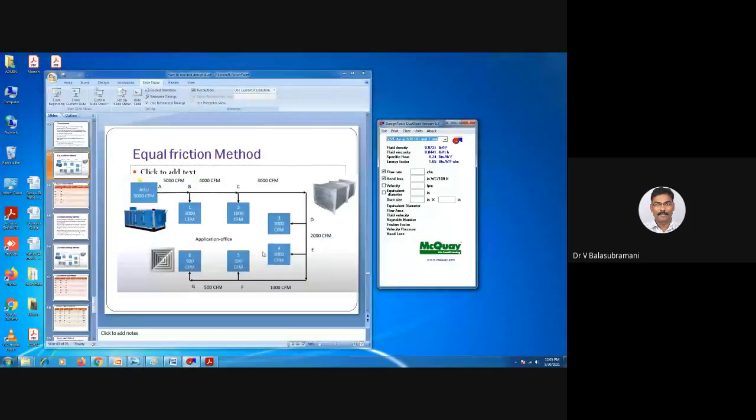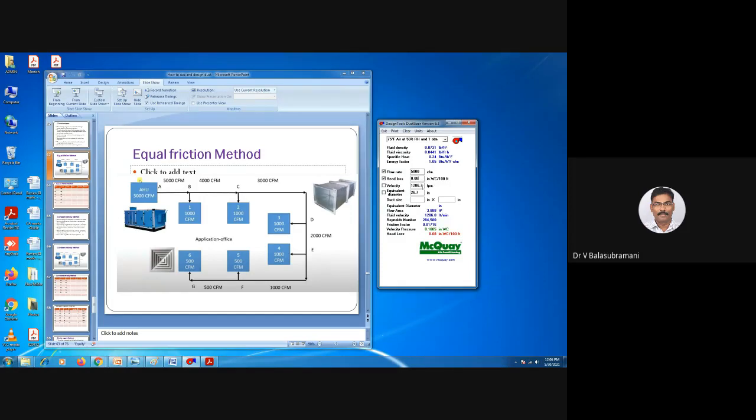From the ASHRAE table, the value of fluid density is given as 0.075 pounds per cubic foot. Here the fluid density is equal to 0.0731. So if you are using the equal friction method, you have to apply 5000 CFM, and the head loss is a constant 0.08.